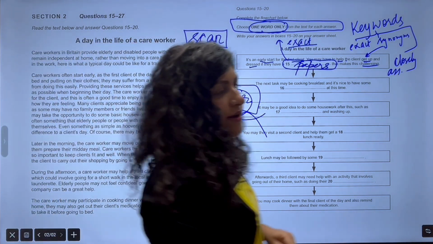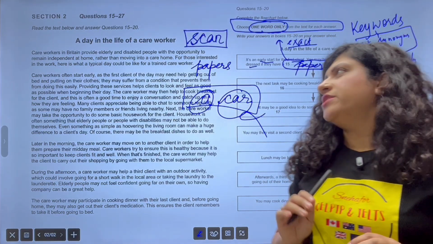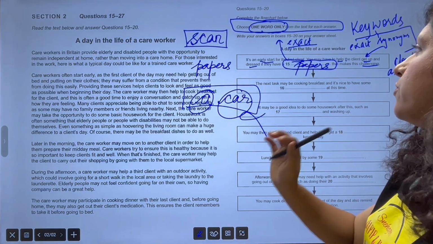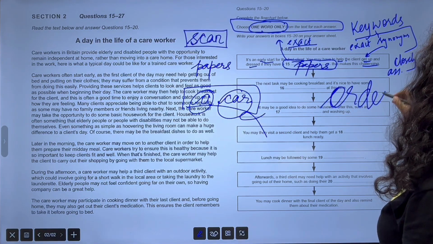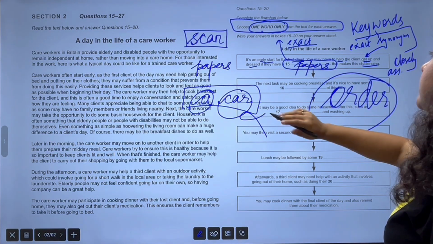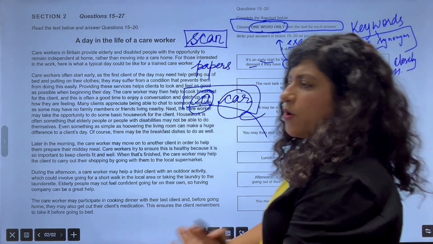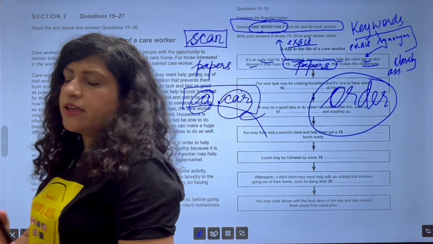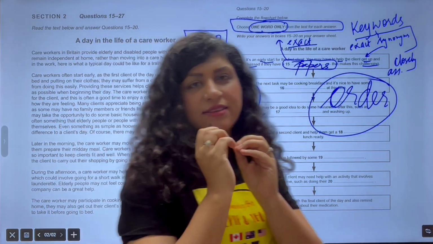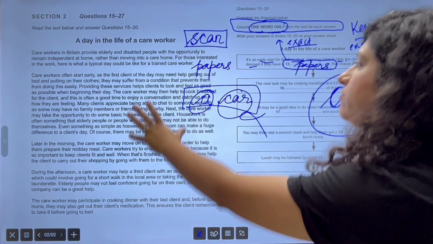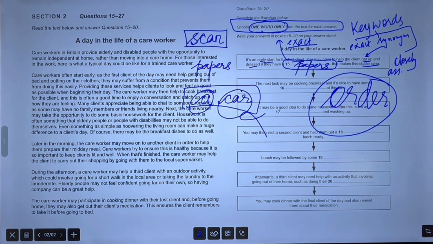And then the strategy that's going to work for you is following the order. In fill in the blanks, doesn't matter whatever type of fill in the blank it is in your exam, if you see a fill in the blank, please follow the order of the passage for the order of the questions.